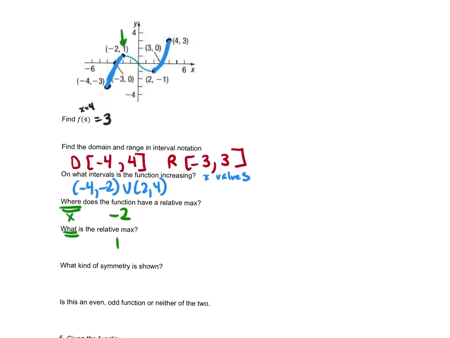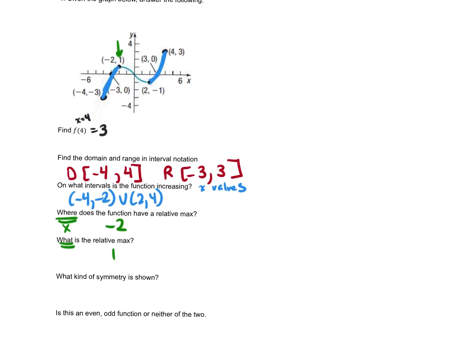Finally, it says what kind of symmetry is shown. So do you see symmetry with the x-axis, y-axis, or origin? I see origin symmetry here, and we can check because remember, if we replace x with -x and y with -y, we should get the same. Well, here's 4, -3, and here's -4, 3, so it's the opposite x and y.